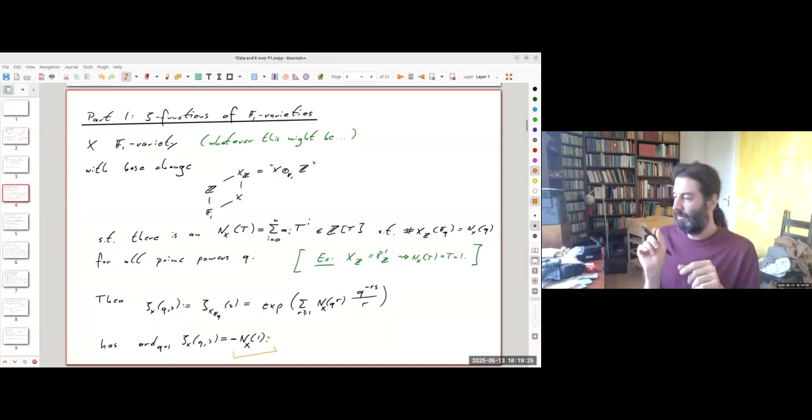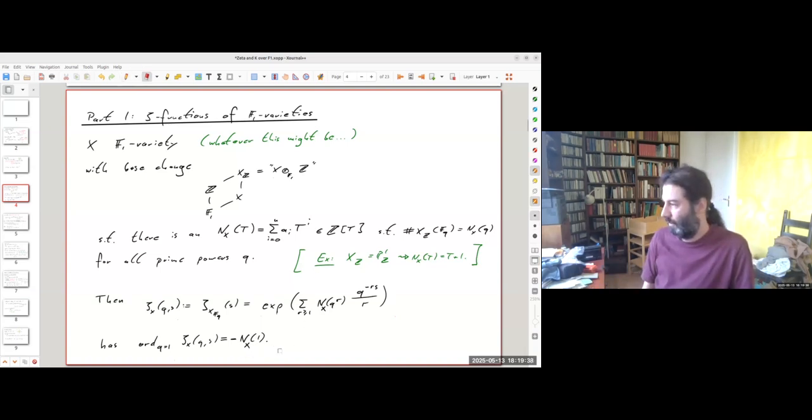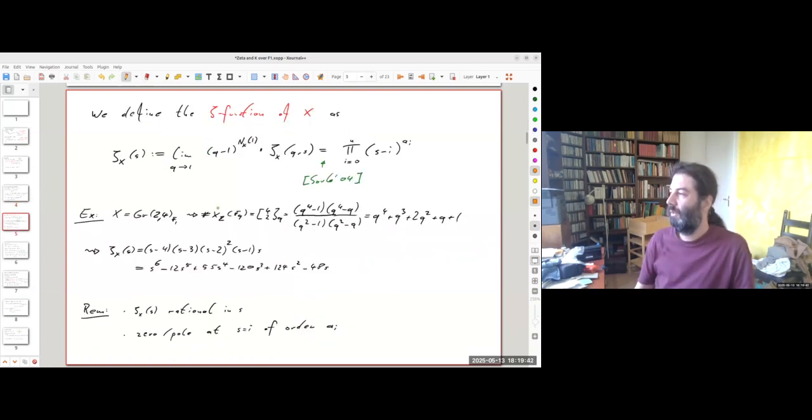So if we now want to look at the zeta function of F1, I want to take the limit Q goes to 1. And I'm talking about this pole because we first have to resolve it so that we can take the limit. And that's precisely what we're going to do. The zeta function of our F1 variety X is simply the limit Q goes to 1 of zeta X of Q and S, where we resolve the pole.